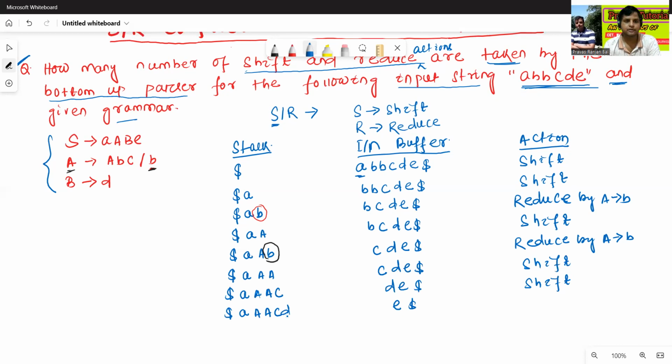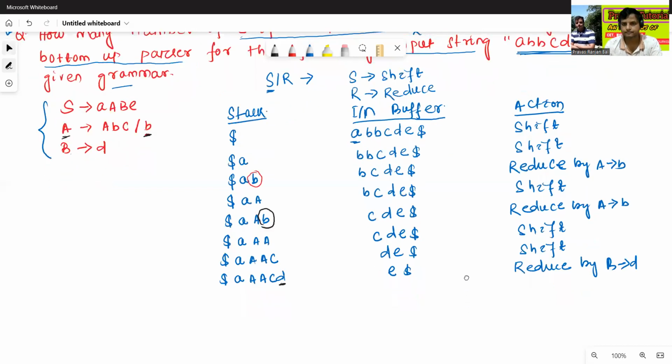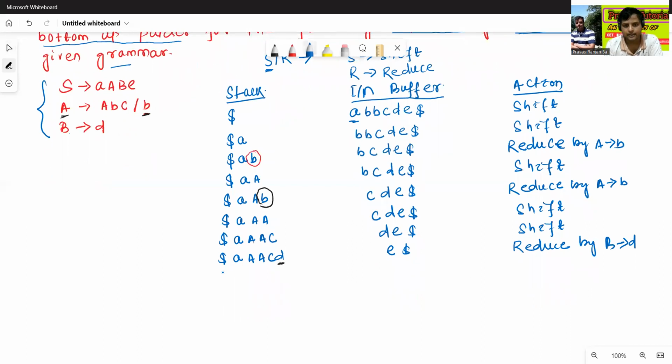Is any handle possible? Yes, one handle is possible, B to D. So we reduce by B to D. Then the stack is dollar A, C, B, and the input is E, dollar.